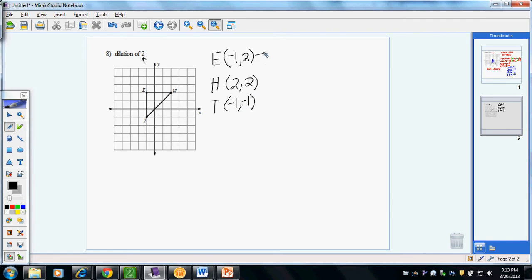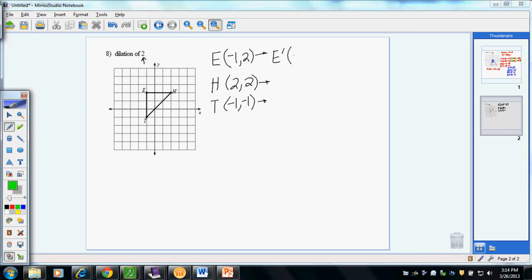Okay, so as we apply our transformation, now we have E prime. Our scale is going to be 2. We're dilating this by a factor of 2. So we're going to have our scalar here as 2, multiplying to our original x.